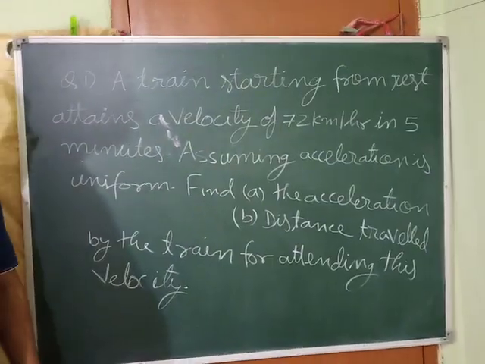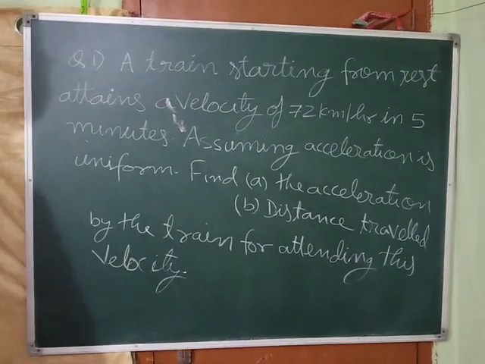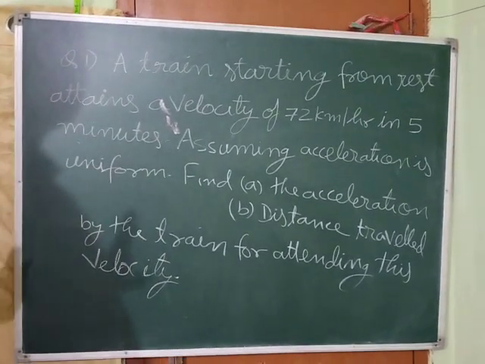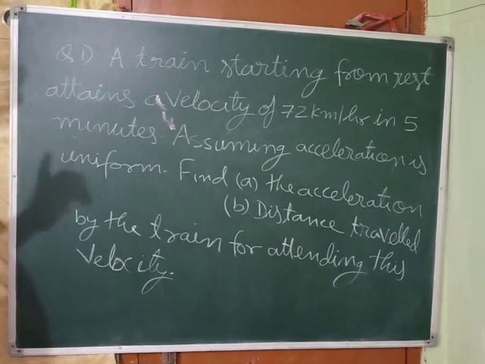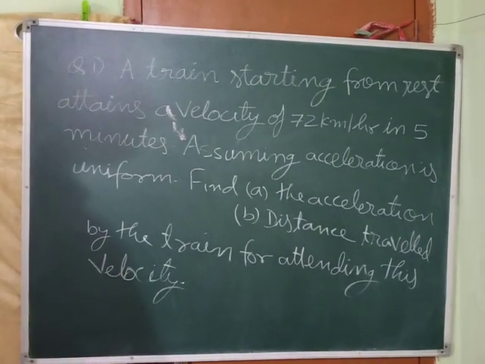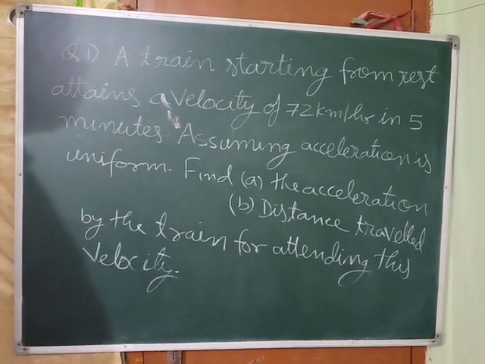Okay. So now we can go for a question. See, the question is in front of you. What is the question? A train starting from rest. Now, when it is starting from rest, what is its initial velocity? Rest means stationary. So its initial velocity is 0. U is 0.